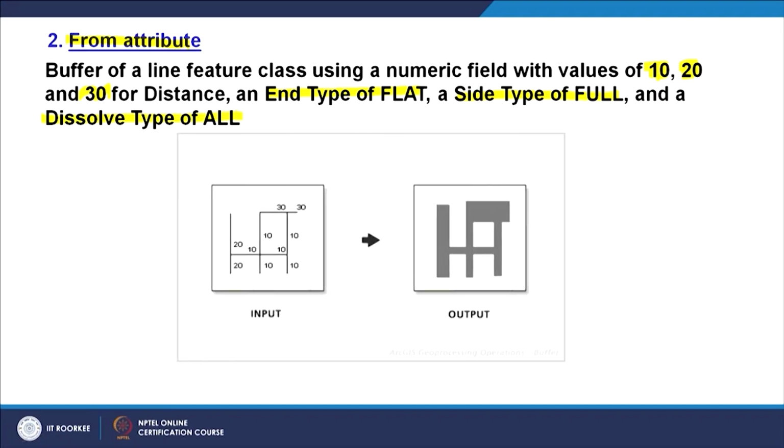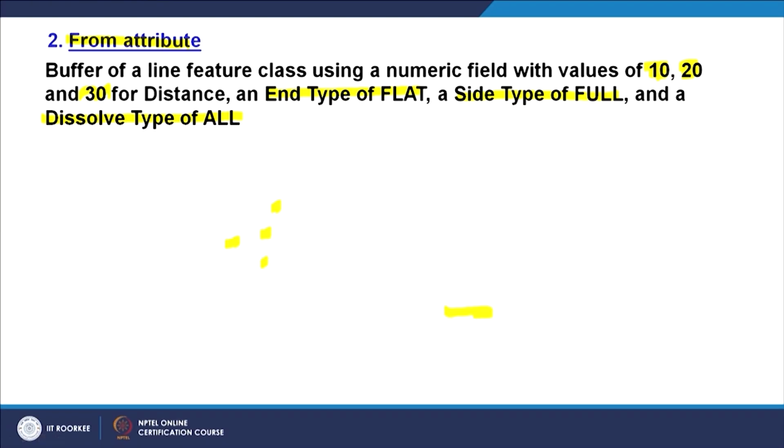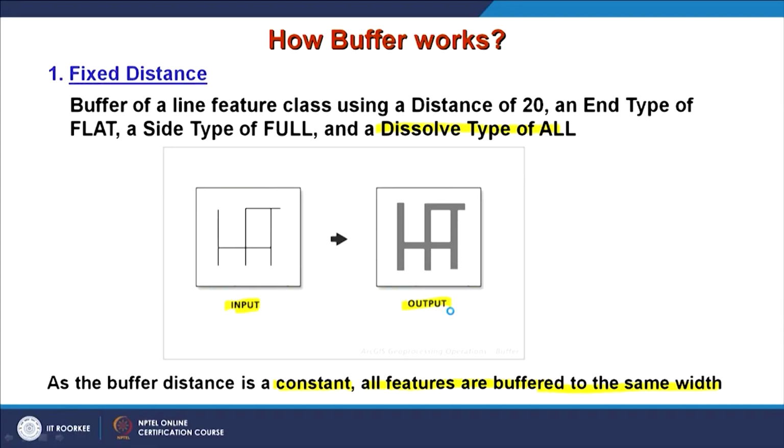So if we take the same example as the previous one, but with different attribute values 10, 20 and 30, and use those attribute values as the width of my buffer, I can generate something like this. So instead of that first example, here I am getting a more realistic example.